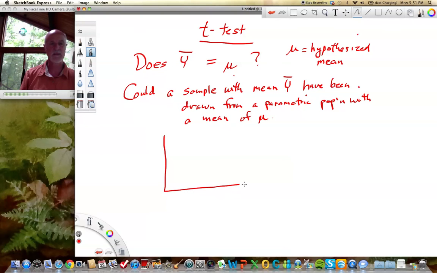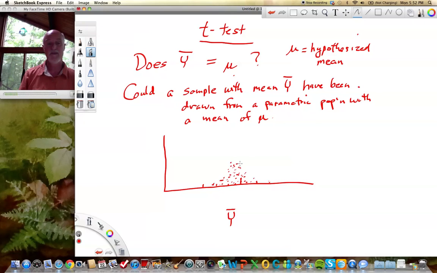And so when we rephrase it this way, we can think about this problem in a rigorous scientific way. So let's imagine we're plotting possible y bar values. Remember, we could draw samples lots and lots of times. And if we did that, sometimes we would get y bars here, some here, some here, when the true parametric population has a mean of mu.